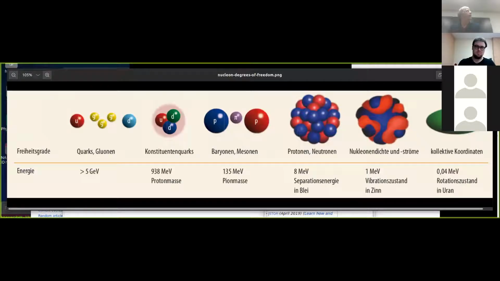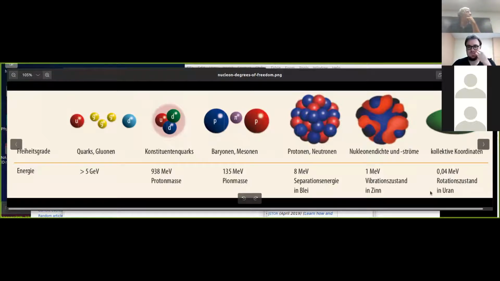So let me just share one graphic that makes that point. It's actually in German, but at the smallest energies, just about 40 keV, 0.04 MeV, we have collective coordinates of an atom.